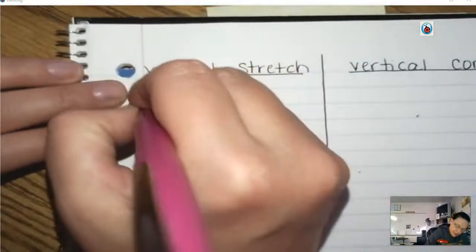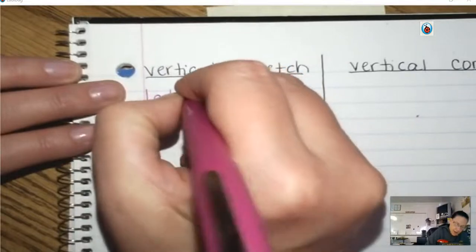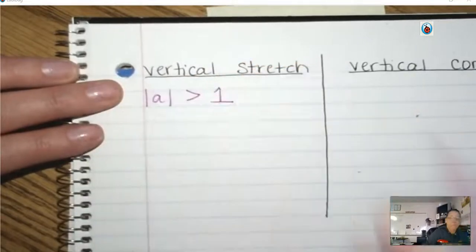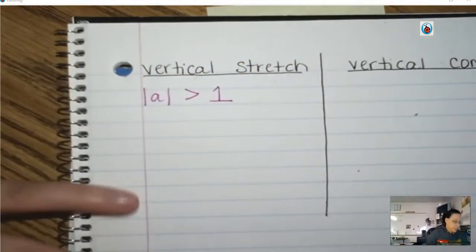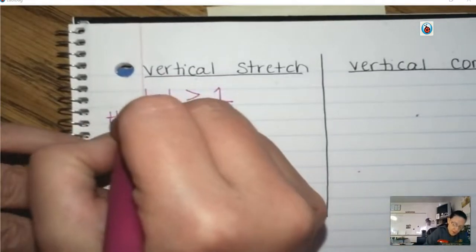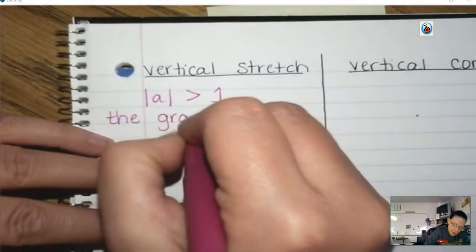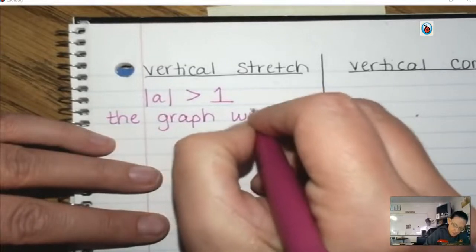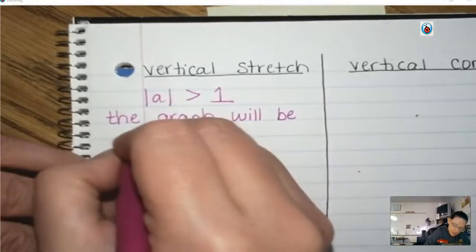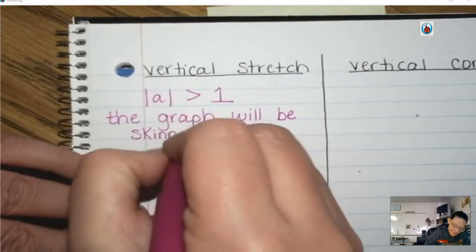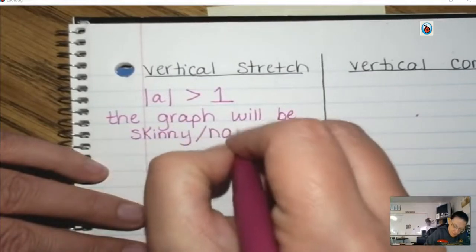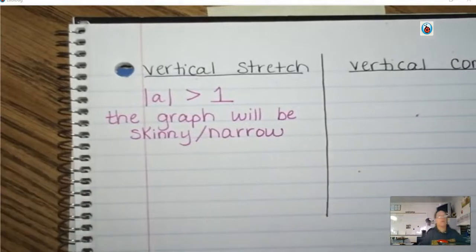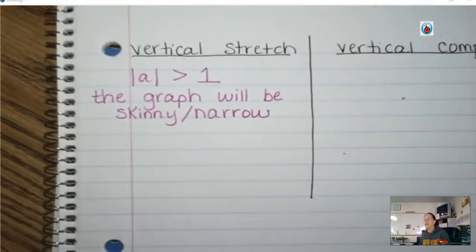This is when the absolute value of the a is greater than 1. The graph will be more skinny or narrow. So when your a value is a number bigger than 1, a positive number bigger than 1, the graph's going to open upwards and it's going to be real skinny.